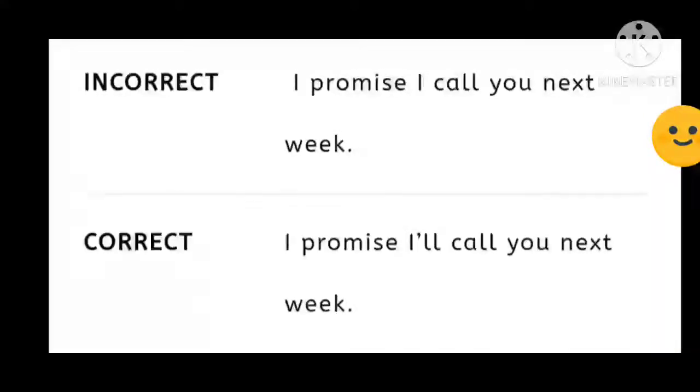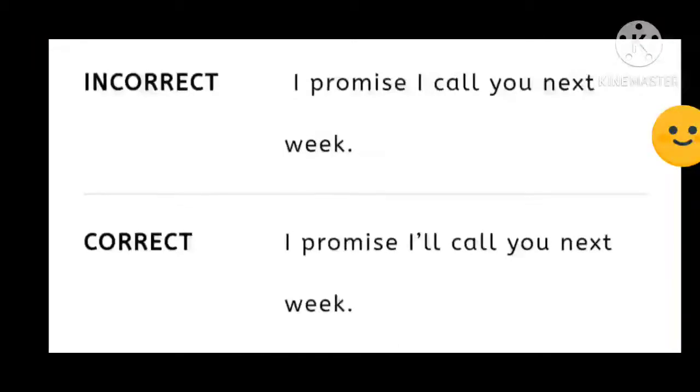When you are using this clause, you have to use a modal such as will, shall, can, may before the main verb in the principal or the main clause. So here, "I promise I will call you" or "I shall call you next week."